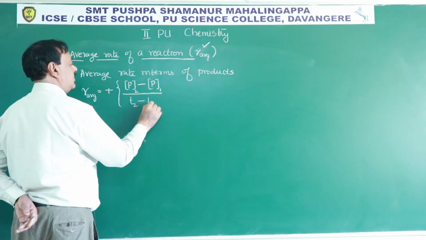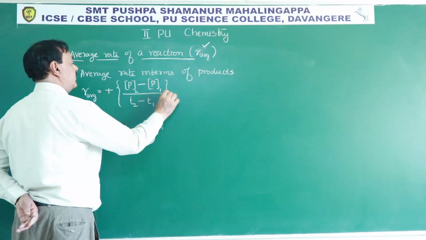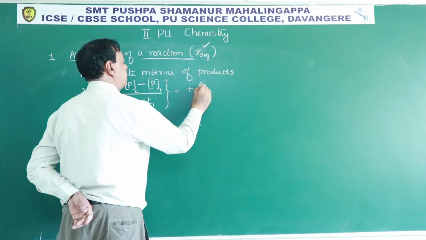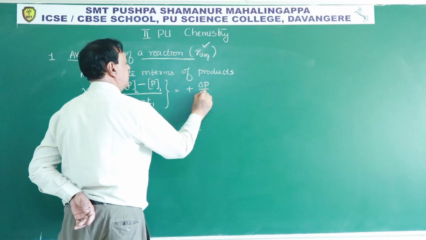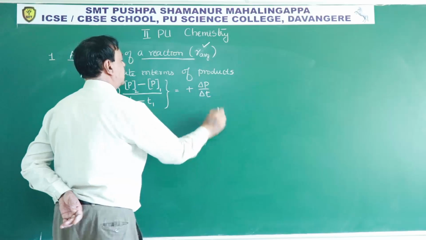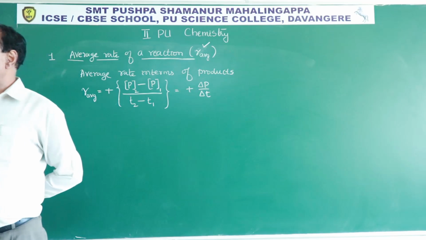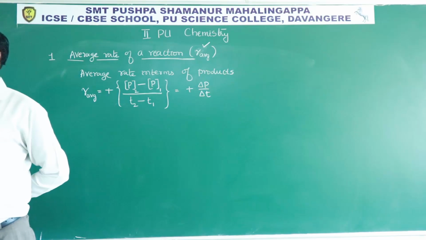That is given by plus delta P divided by delta T. That is the product concentration change.